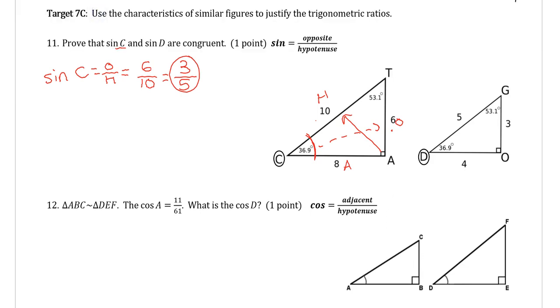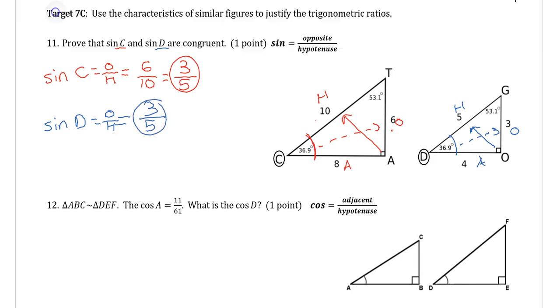Then, sine of D, right, I'm looking at this angle. So I have my hypotenuse, the opposite side, and the adjacent side. So opposite over hypotenuse, again, 3 over 5. This doesn't reduce, but yes, these are equal.